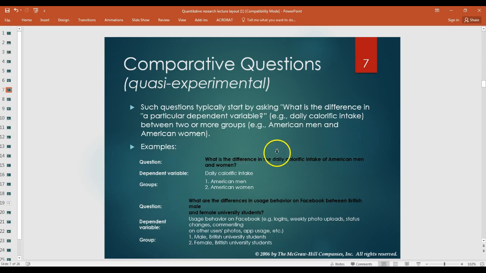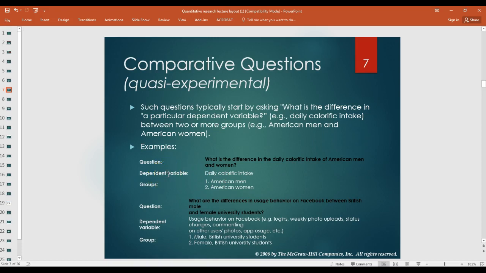Now, the daily calorific intake is basically, I'm testing one thing. I want to see the difference between men and women, and I want to see the intake from this one to that one. So it's really one variable, and I don't necessarily want to call it dependent or independent.